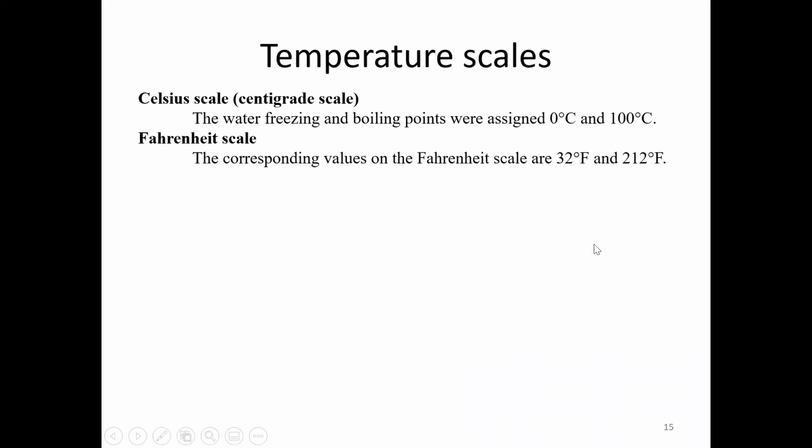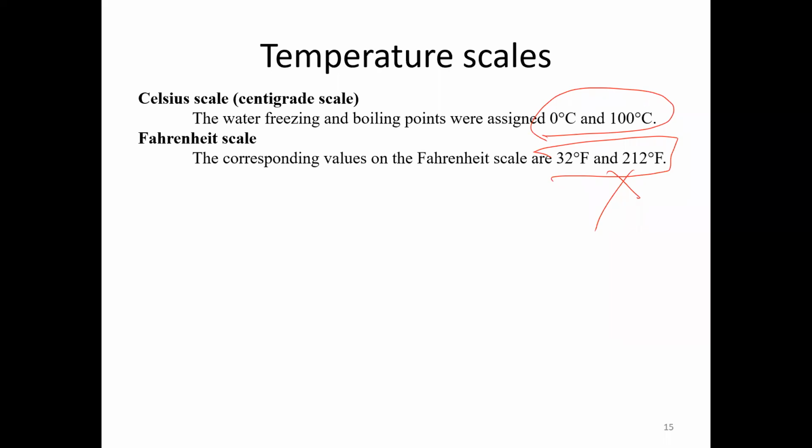Also, we need to know the temperature scale. We mentioned before that we use SI units. So in SI units, we're going to use Celsius. We don't use Fahrenheit. Okay, but just to let you know that there are these kinds of temperature scales. If you come across this kind of scale in the future, you know that this is Fahrenheit.